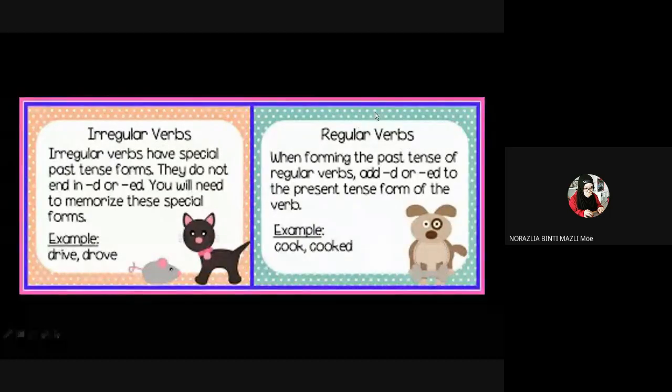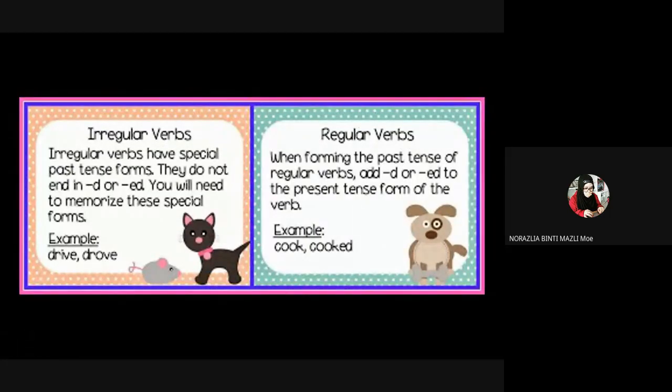Regular verbs, we add D or ED. The easiest way to remember is like Muaz said: regular verb, an ordinary verb, we add D or ED. Understand?